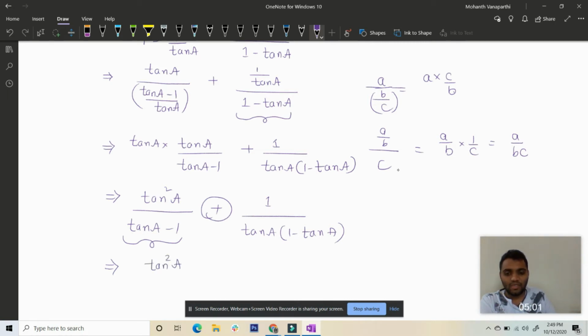So then I will get tan square A divided by tan A minus 1, and I am replacing the positive sign with negative. After that I am making 1 minus tan A into tan A minus 1 in order to make the denominators of the first and second terms look similar.